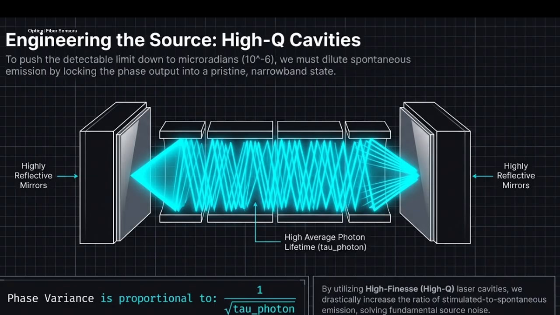High Q cavity means it can be achieved. You can see here how the total internal reflection is happening inside, like this, like this, like this, and again coming back.